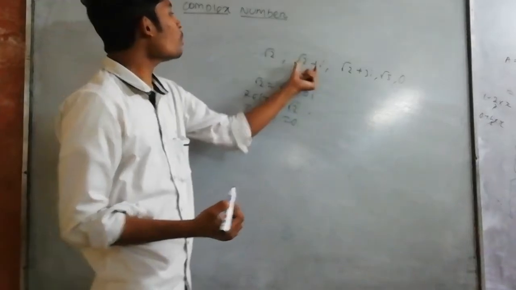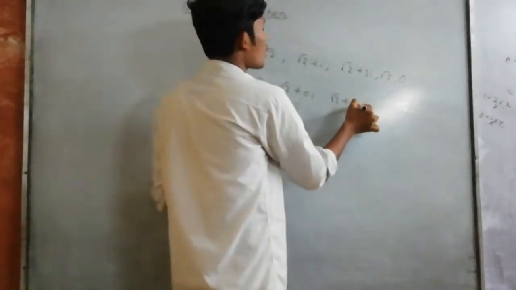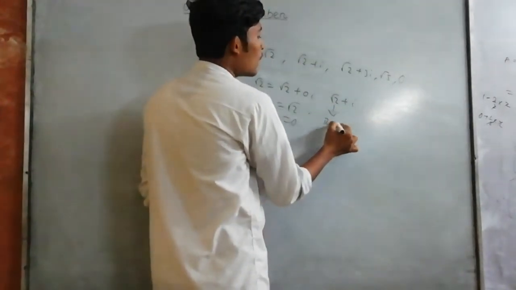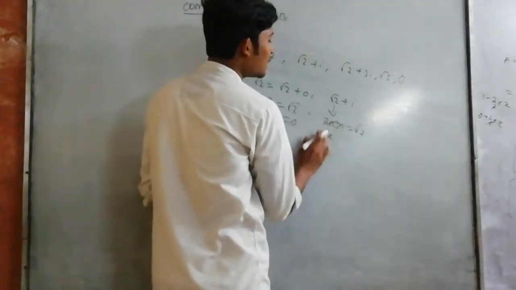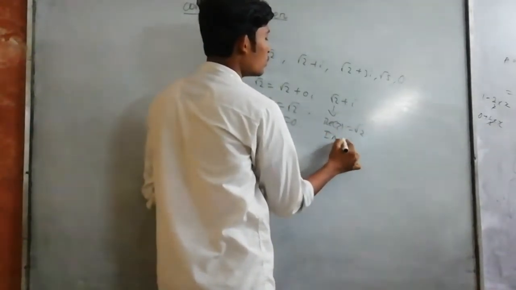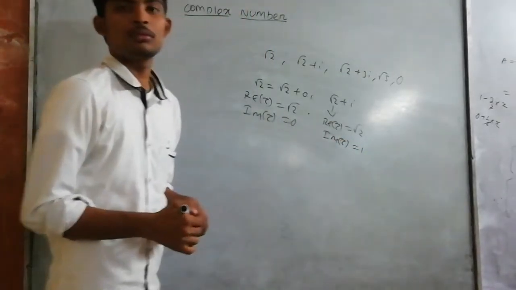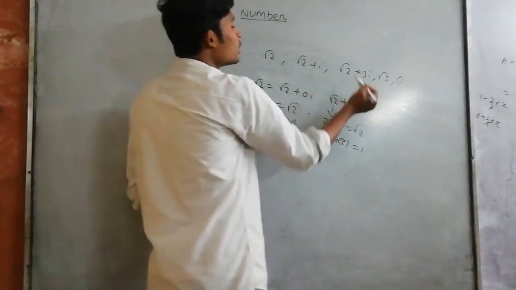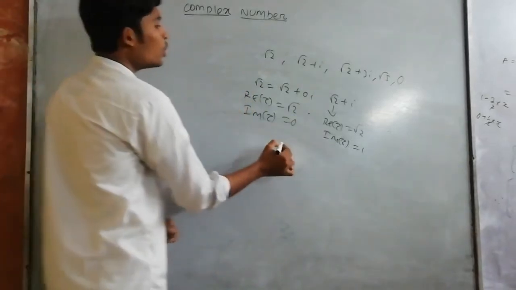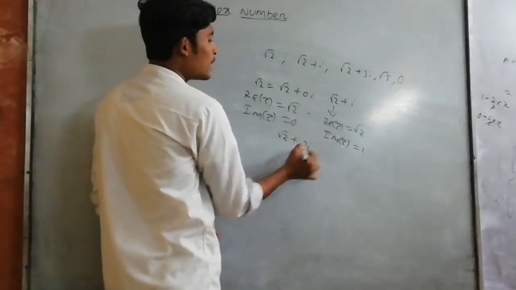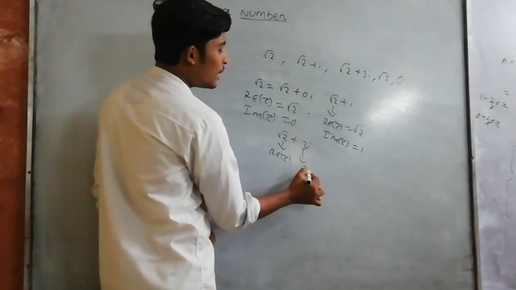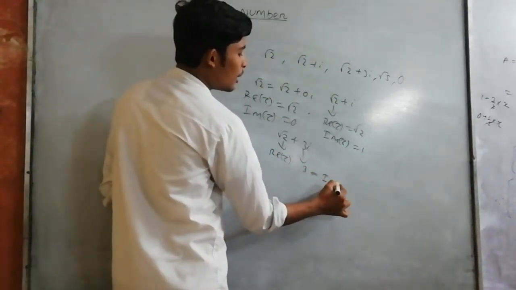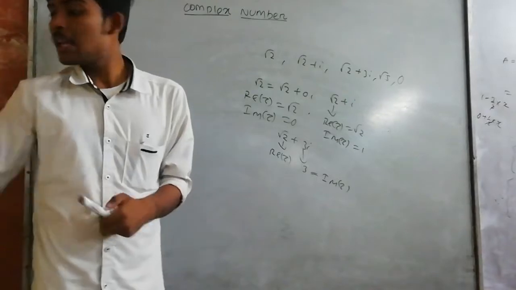Then root 2 plus i. Here root 2 is the real part and the imaginary part is 1. And root 2 plus root 3 i: here root 2 is the real part and root 3 is the imaginary part of z.